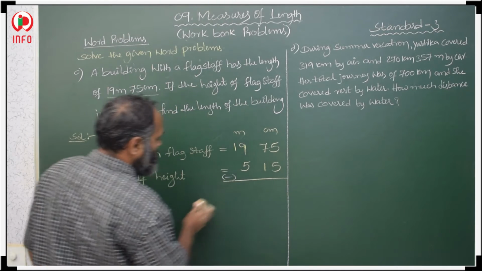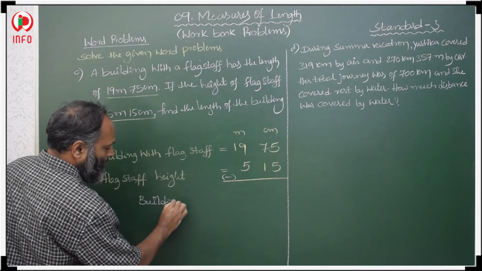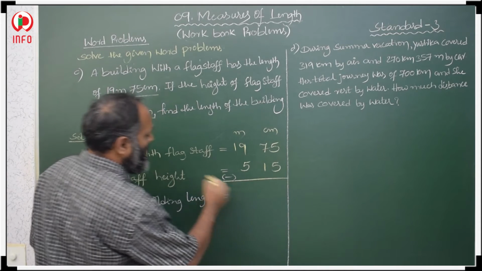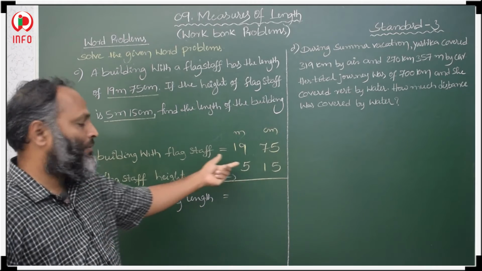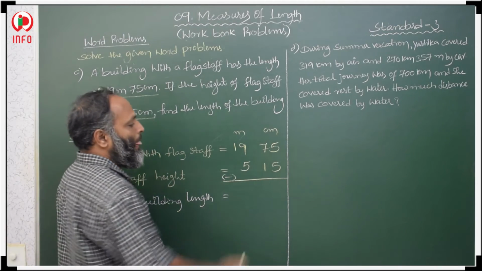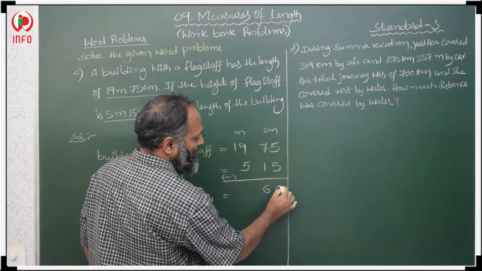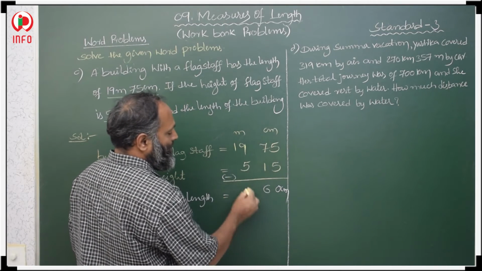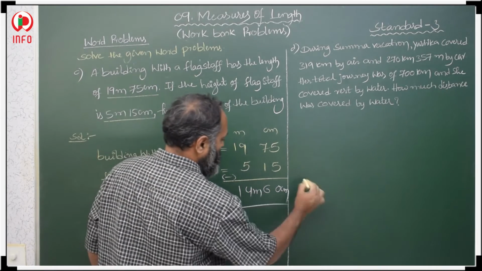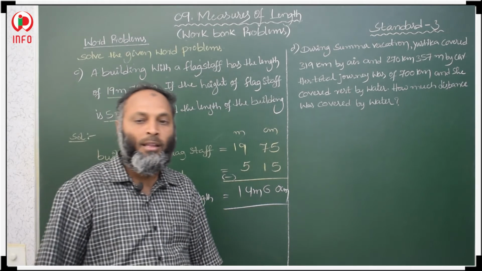Total length means with the flagstaff, so if we subtract the flagstaff length, then you will get the building length. 5 minus 5 is 0, 7 minus 1 is 6, that is 60 centimeters, 9 minus 5 is 4 and 1, so 14 meters 60 centimeters. This is the building length.